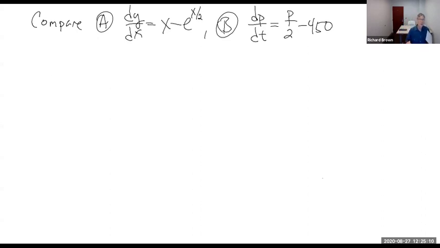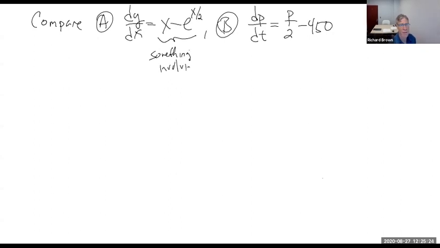However, notice that the right-hand side here is always something involving, in this particular case, just the independent variable x, but typically it would involve x and y.